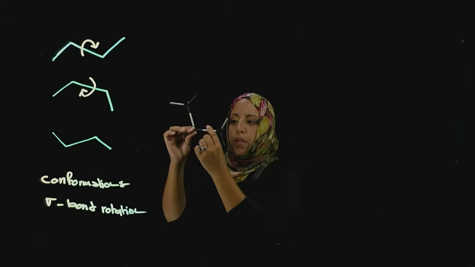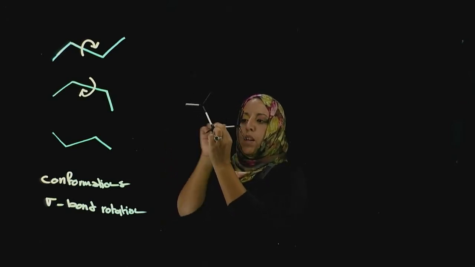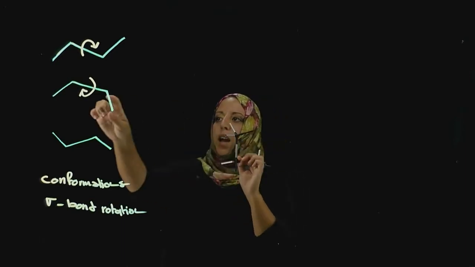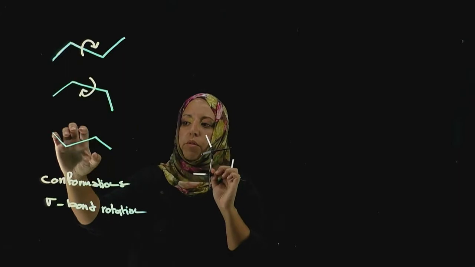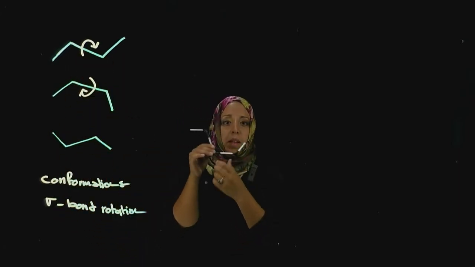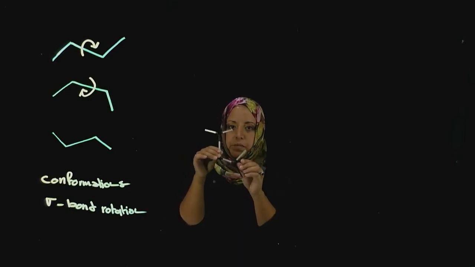If we're rotating around this carbon-carbon single bond, we can rotate and this group moves, or we can rotate and this group will move, right? So we're looking at simple bond rotations that give us different conformations of the same exact molecule, right?